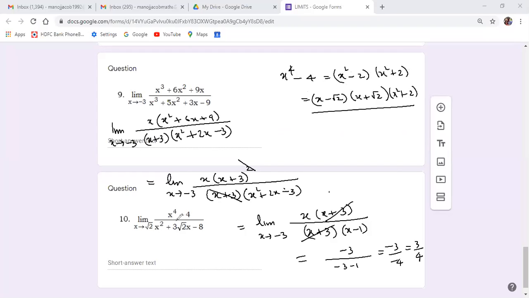We can write x raised to 4 like this. The denominator is x minus root 2 into x plus 4 root... 8 upon root 2, that is 8 into root 2 upon 2, that is 4 root 2. So the denominator became x plus 4 root 2.